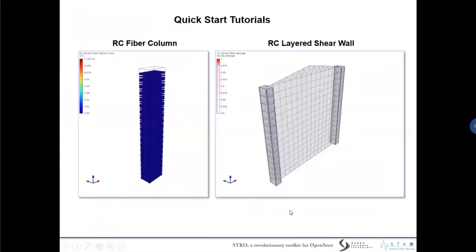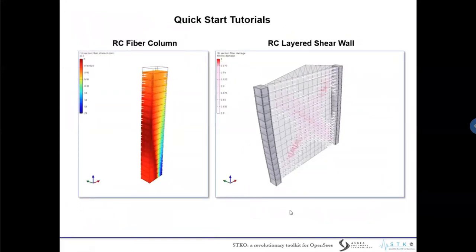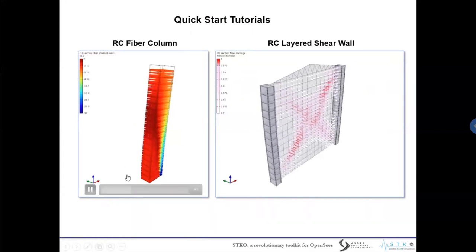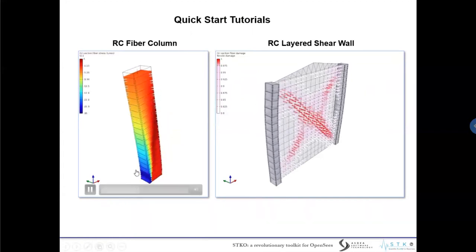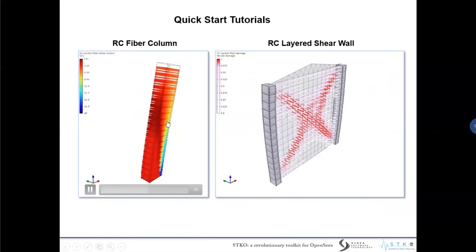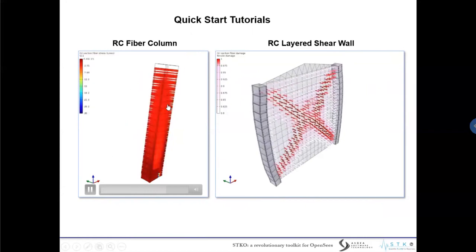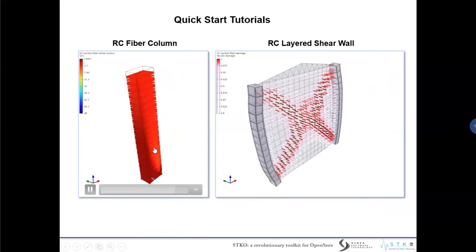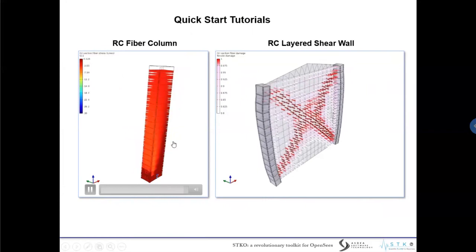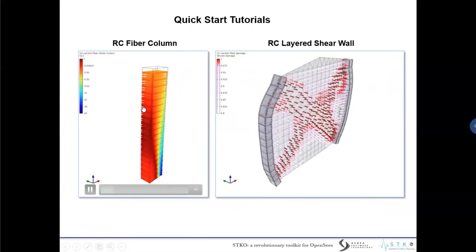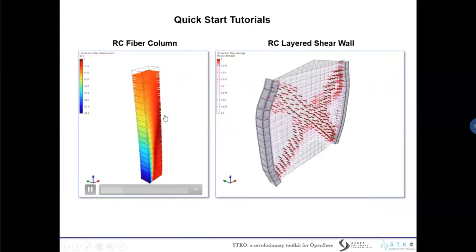Now, I will start with two quick start tutorials. The first one will be very simple. We are going to analyze this beam element, and we will see how to do first a vertical analysis, then a cyclic pushover analysis, and how to visualize the results. This is very simple, but we'll explain all the steps that we need from the pre-processing all the way to the post-processing.